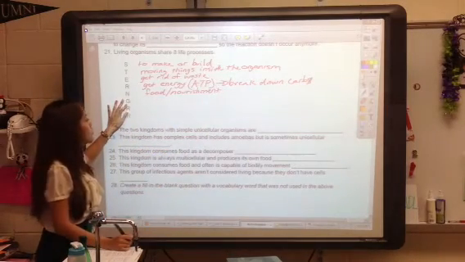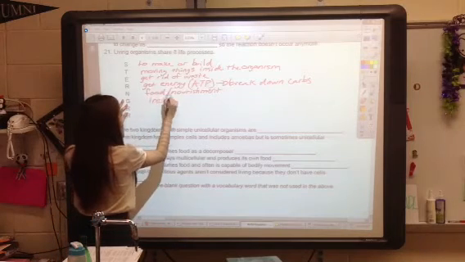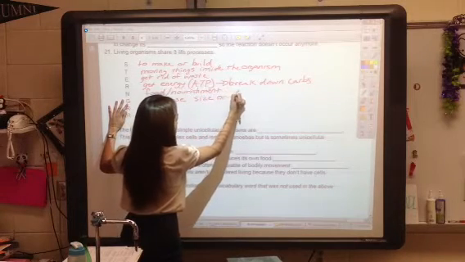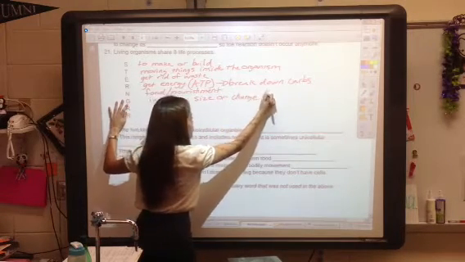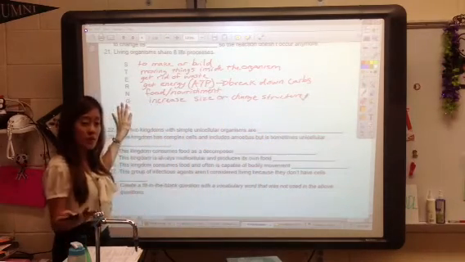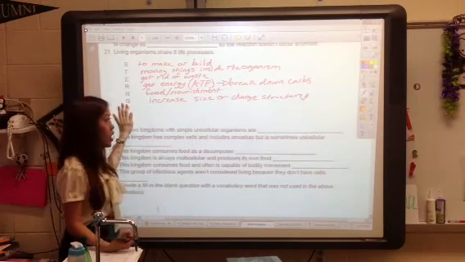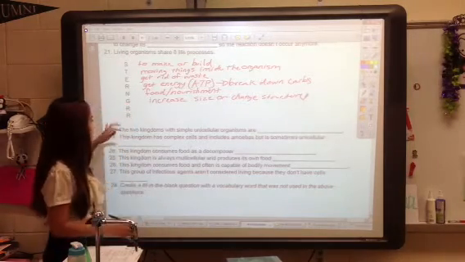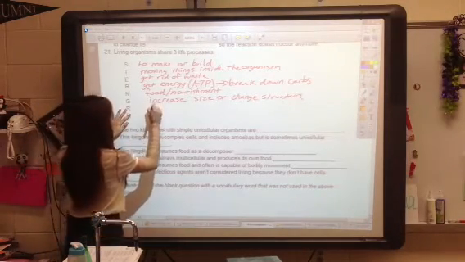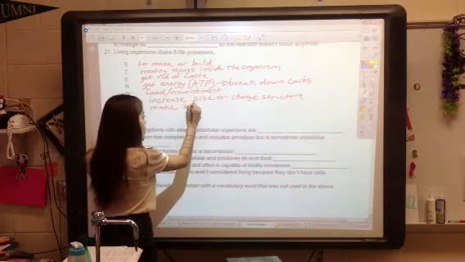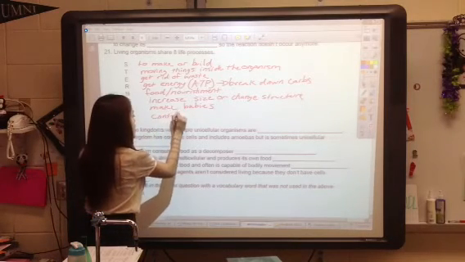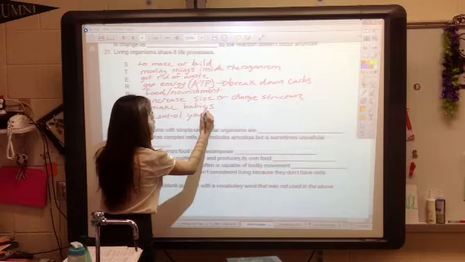G is going to be increasing size or change your structure. So an example of this was a caterpillar to a butterfly, tadpole to a frog. Okay, metamorphosis is a form of that structural change. The last R is going to be make babies or offspring. And then the last one is to control your body functions.